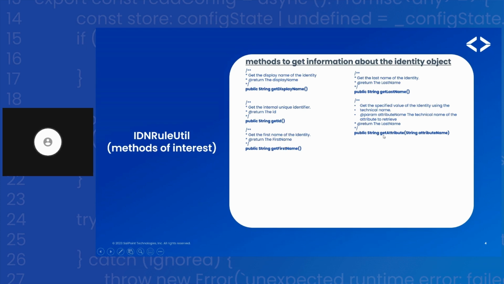And if there's a particular attribute that isn't in this list, you can use the technical name of that attribute and retrieve it from your identity. So there's a lot of flexibility as far as what you can use to generate attributes. There are more methods as well. These are some that we've used in our own engagements, and you can find more information on Compass for any additional ones that may suit your needs.